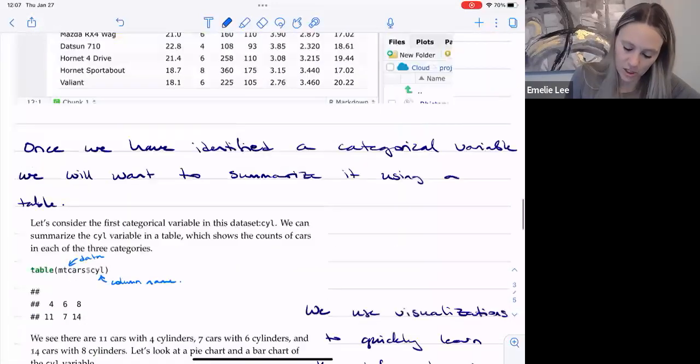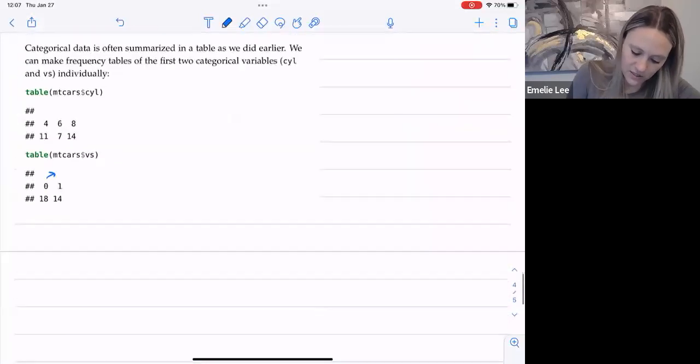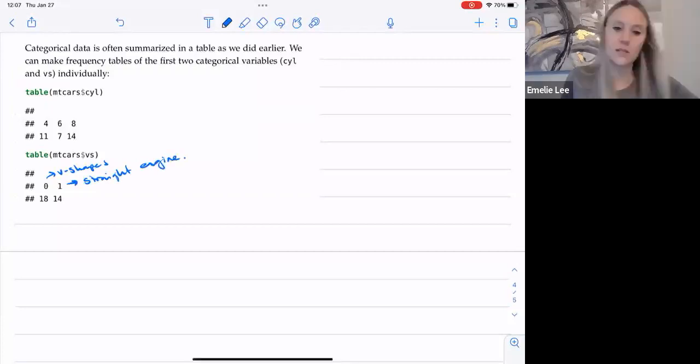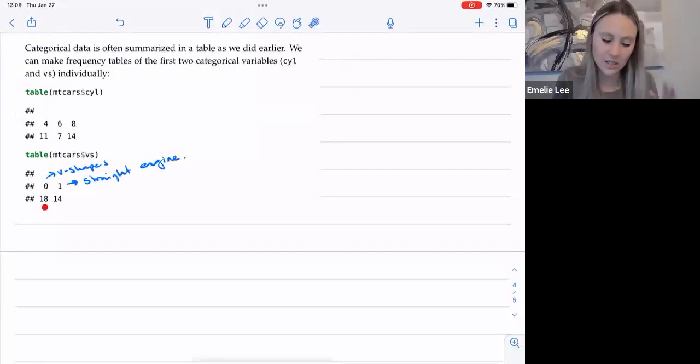Yeah, sorry, V-shaped. So 0 means it's a V-shaped engine, and 1 means it's a straight engine. So you'd have to keep that straight when you're analyzing your data, right? And so in our data set, we had 18 V-shaped engines and 14 straight engines. Okay.